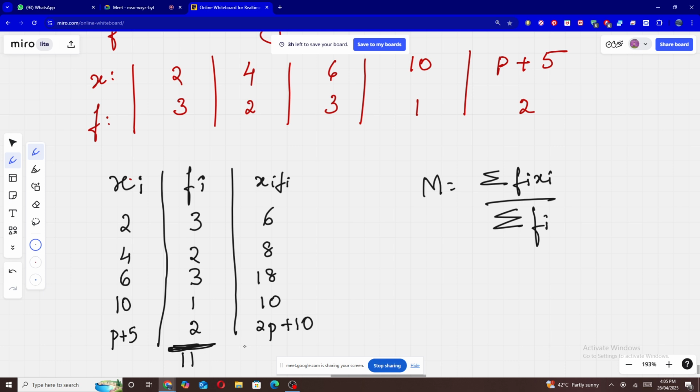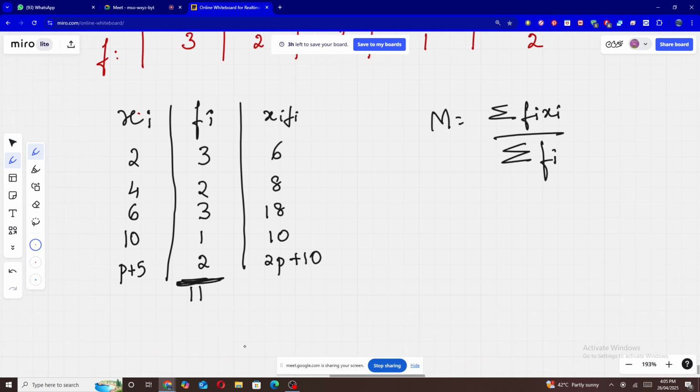Add. 10, 14. 14 plus 18, 32. 42, 42. Let us see. Is it 2p plus 52? Very good. Yes, 2p plus 52. The sum of Xi Fi is 2p plus 52.